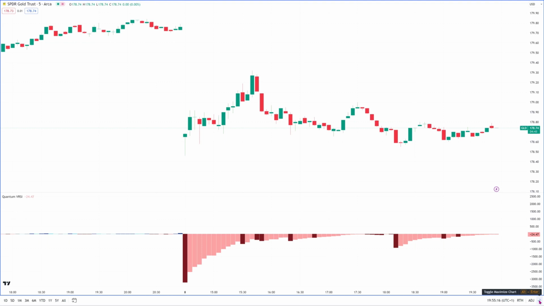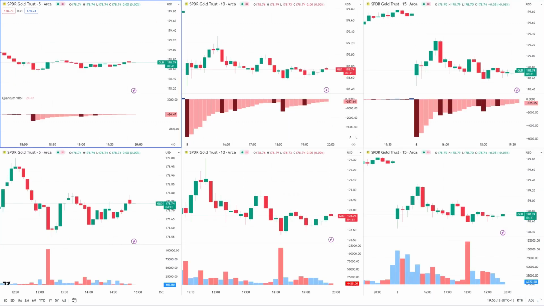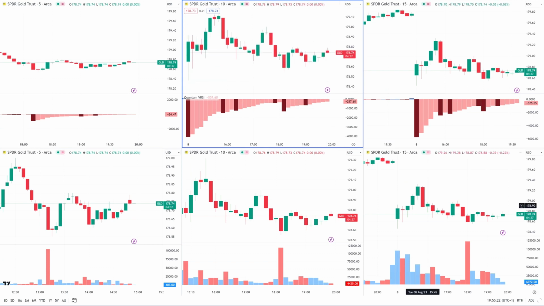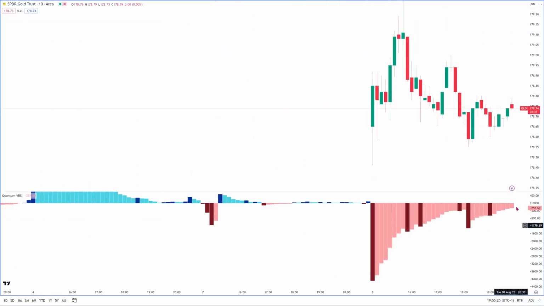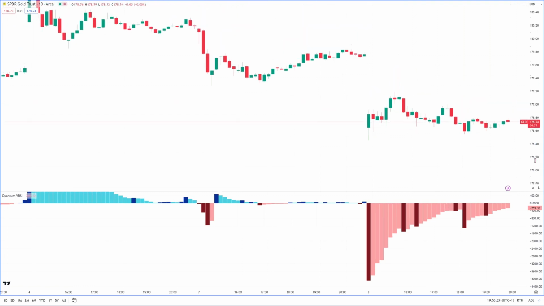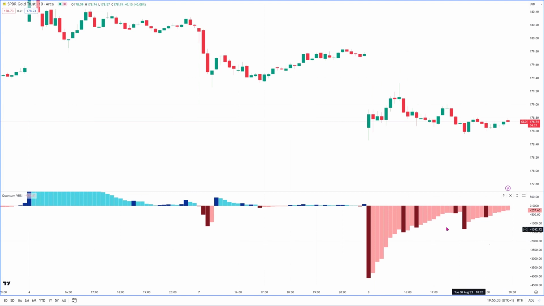And this again is another facet of the indicator, because when we are in congestion, let's pop the 10-minute up, see where we are there, very much the same. Pull that down there. So we had the high pressure, and as you can see again, we've not gone through at all into bullish.